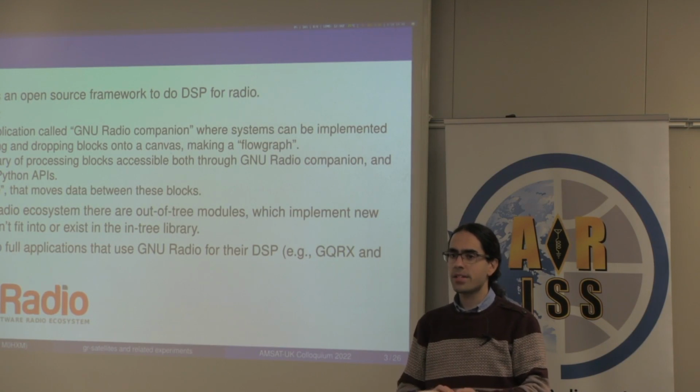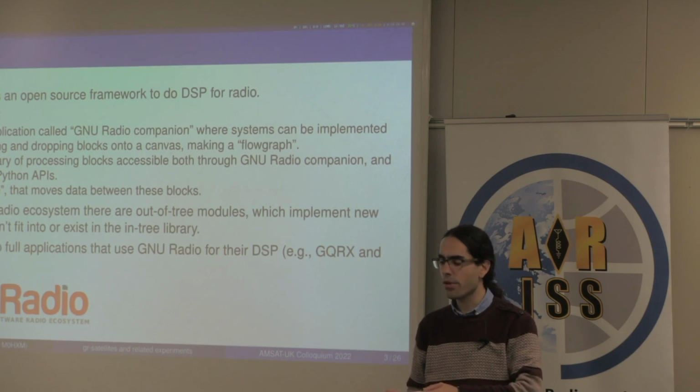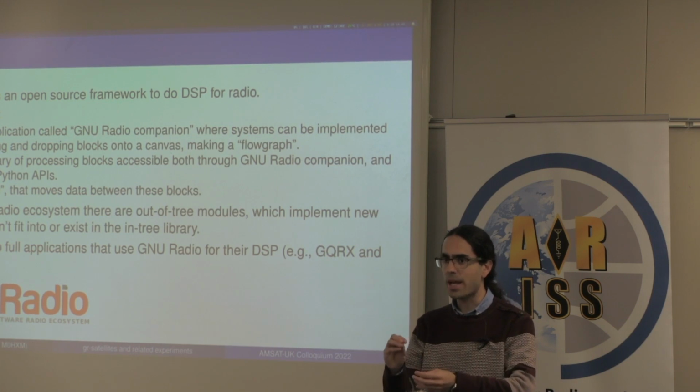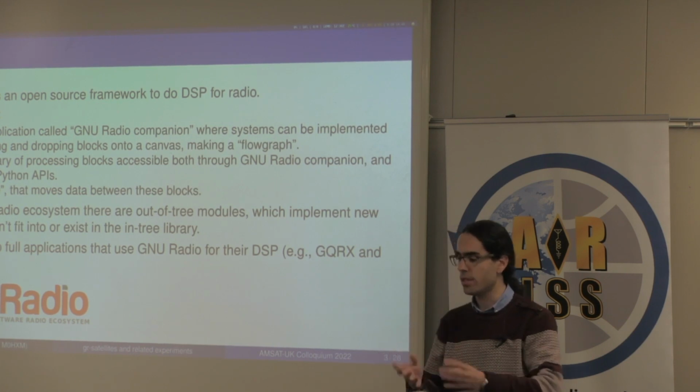And beyond that, you need some kind of engine or runtime to move data around, to decide what is executed by the CPU, how to send data from one function to the other. So that's the GNU Radio runtime, and that releases the programmer from these kinds of complications of dealing with buffers, with parallelism, so that you can concentrate on, I want to run and write my particular DSP routine inside this function.